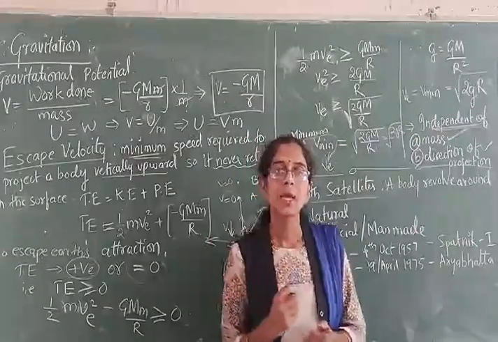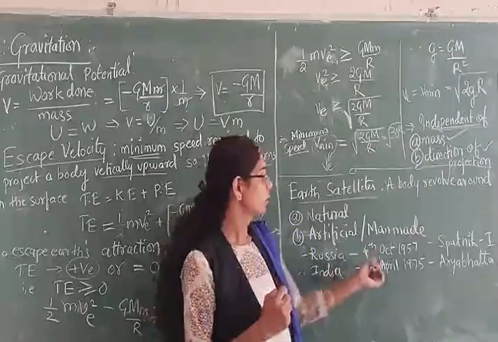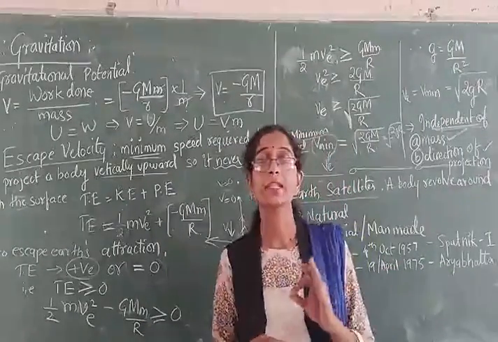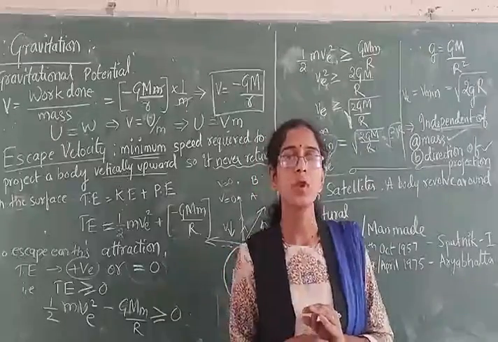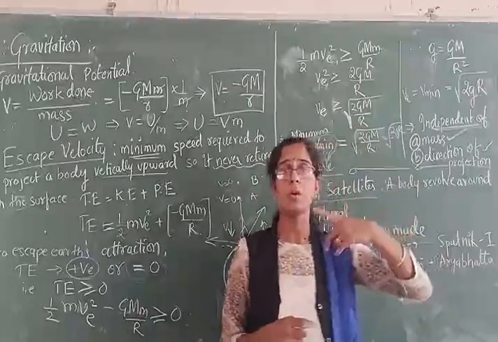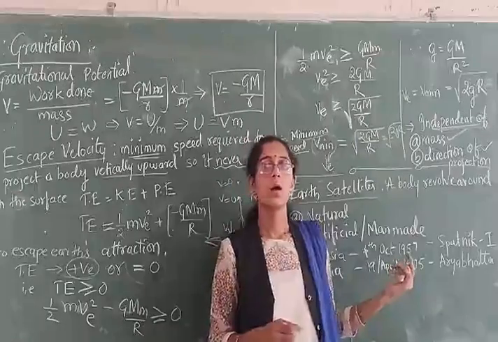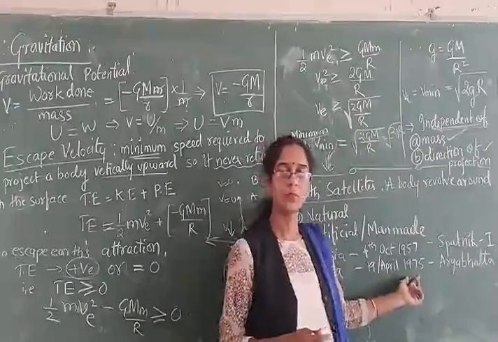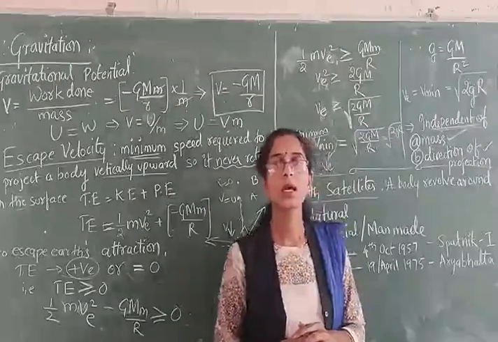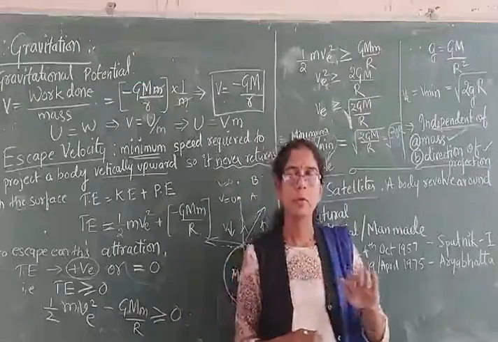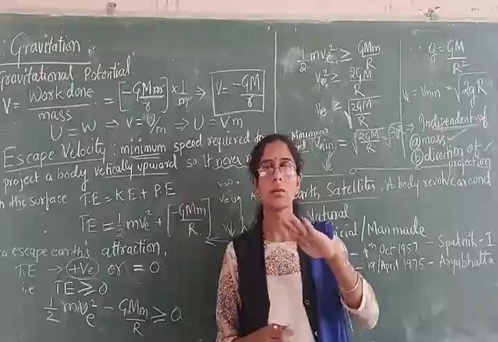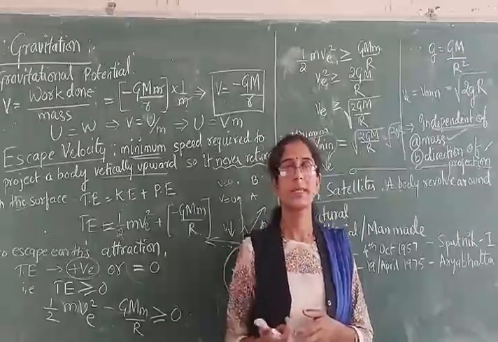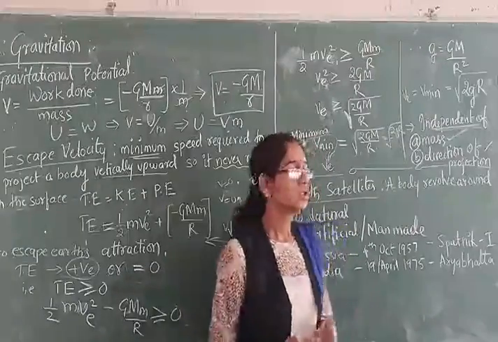Okay. In the beginning, Russia, on 4th October 1957, sent their first satellite, Sputnik 1, into Earth orbit. India, almost 20 years later, in 75, sent their Aryabhatta satellite, again not from Indian launching pads; they used Russian pads to launch it.